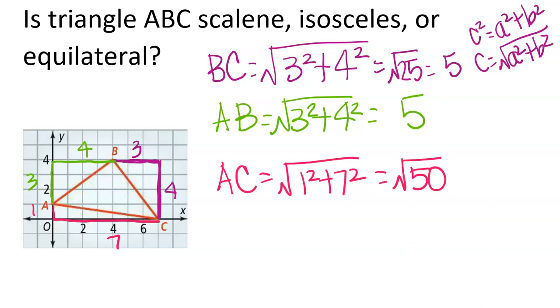Now the reason I don't do that on these is, what if you had the square root of 49 and the square root of 50? They're super, super close. Or the square root of 32 versus the square root of 33. Okay, so I'm going to get my calculator and tell you how close they are. So if I look at the square root of 32, it's 5.7.